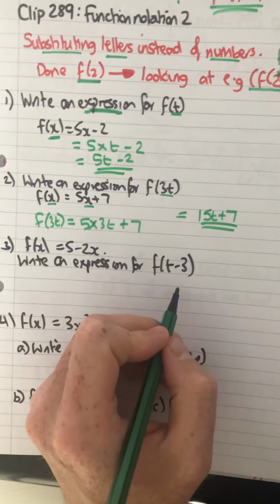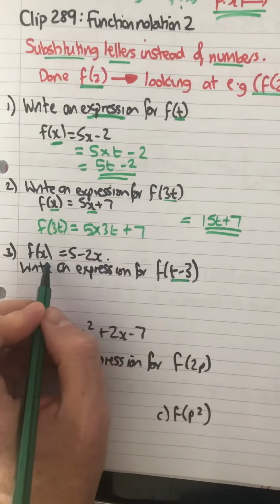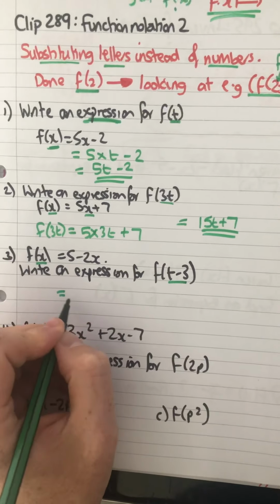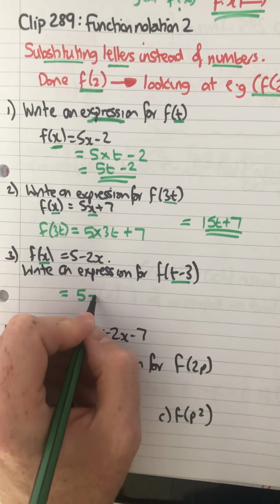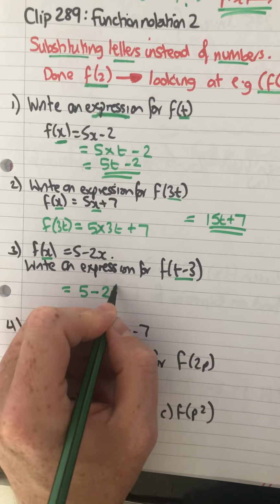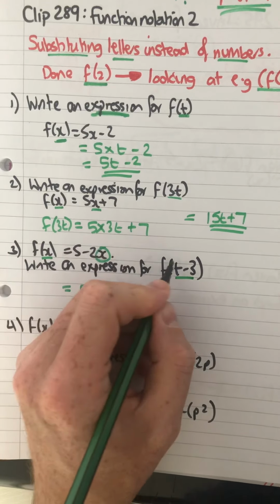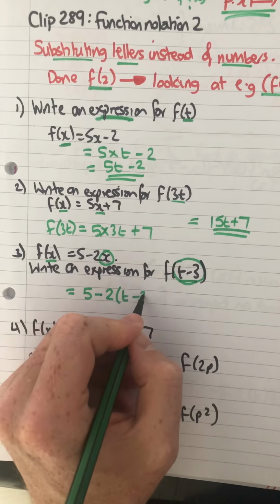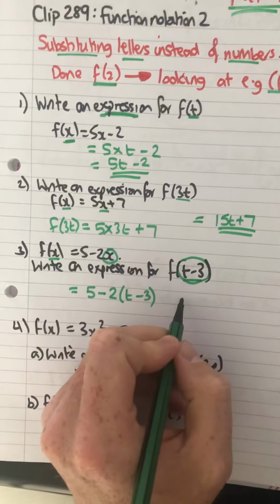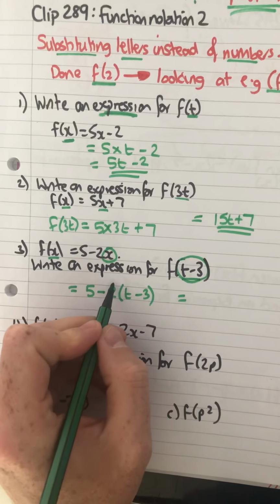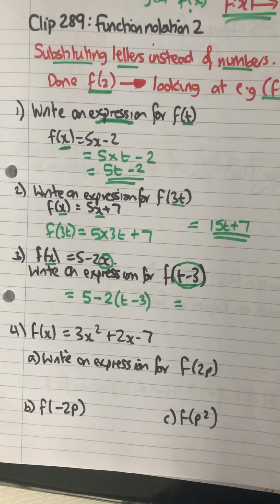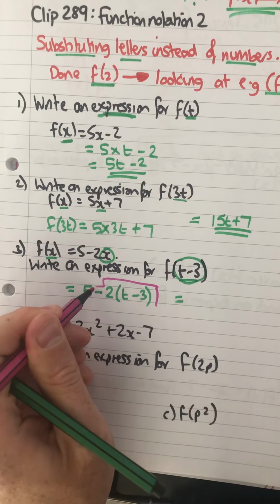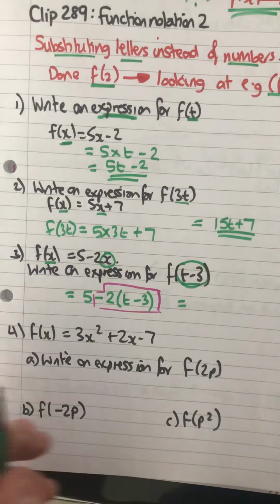Next one. A little bit harder this time, we're going to swap x for t minus 3. So write it out carefully: 5 minus 2 times, because you're swapping the x, t minus 3. Now you just need to be able to simplify this down. I'm going to do the second part first, because that's got the bracket in it. And remember, if it's algebra, then we can expand brackets.